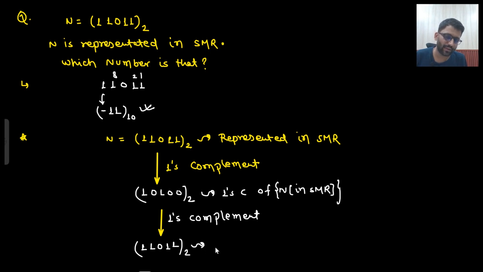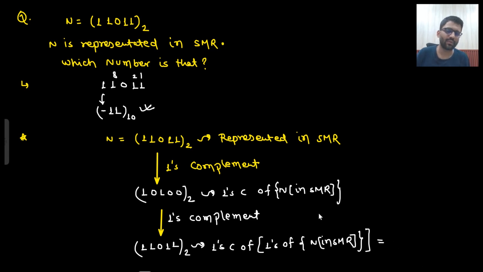So what we are getting? One's complement of a number n in sign magnitude representation, which equals the number itself, basically this is the same thing we are getting here, right?